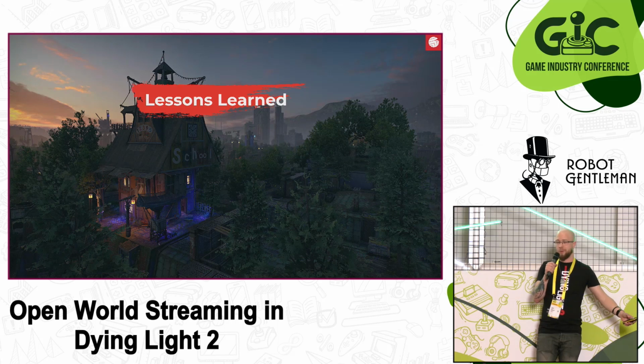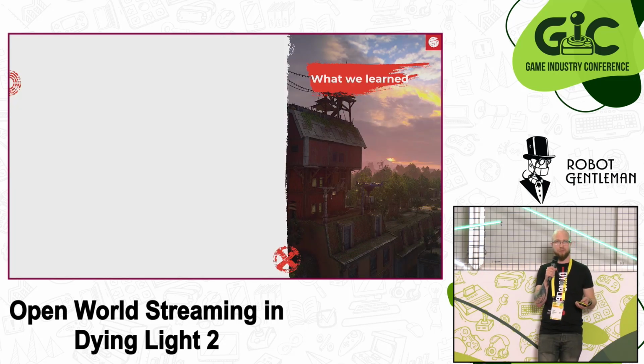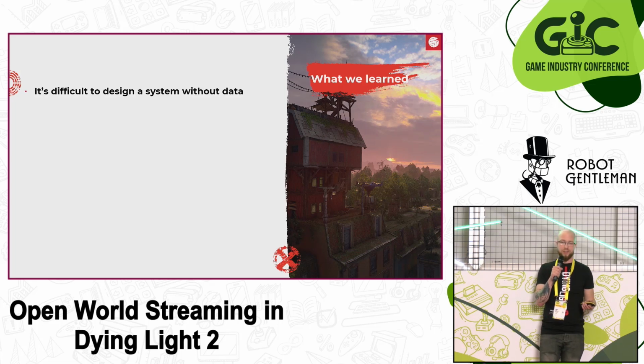Okay, so what do we learn from all of that development process? Of course, it's such a broad subject that it's difficult to summarize it in a simple way. But here are some of my takeaway points. It's difficult to design a spawning or streaming system without the data that's in the game.